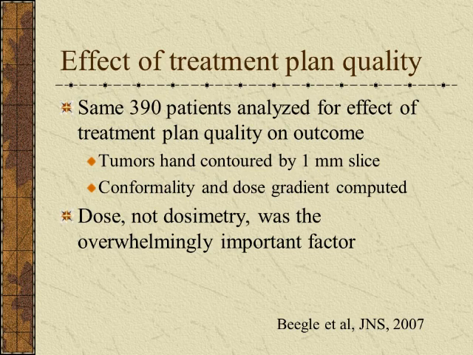Now, I think there might be one exception to this. We didn't look at hearing preservation in this series, and there are some papers out there that suggest that the 4-gray dose to the cochlea may be predictive of hearing preservation. It's pretty hard to keep the dose down. Let me put it this way.